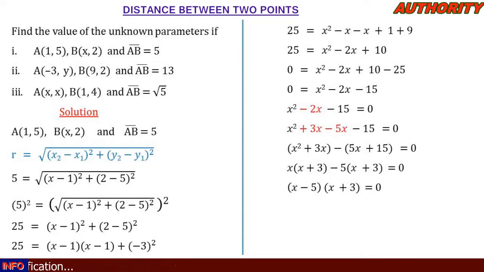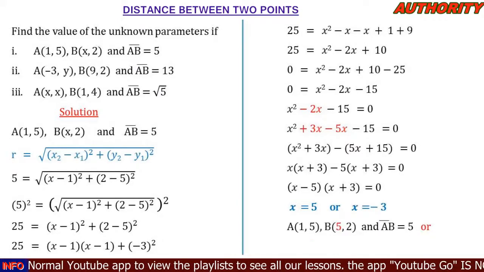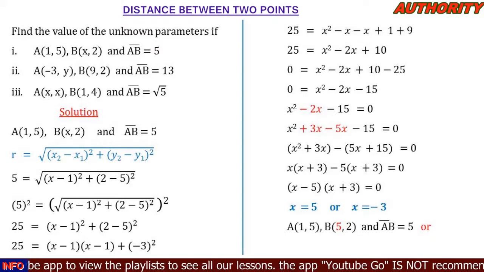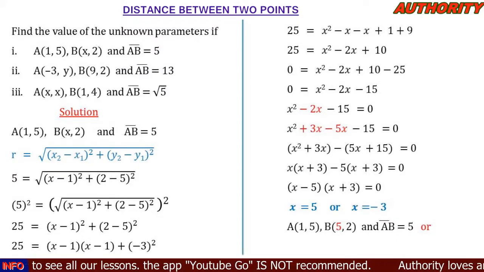So when you equate this to 0, we're going to say that x is equal to 5 or x is equal to minus 3. All right, so here we have solved and we obtained the value of x to be 5 or minus 3. So we're going to say that the point A is 1, 5, and the point B, in place of x, we replace it with 5, 2.